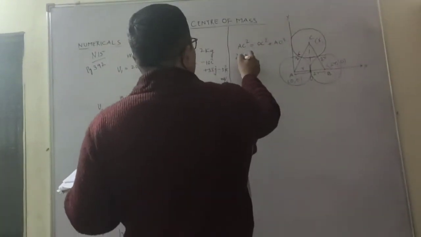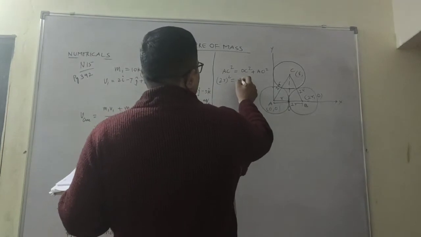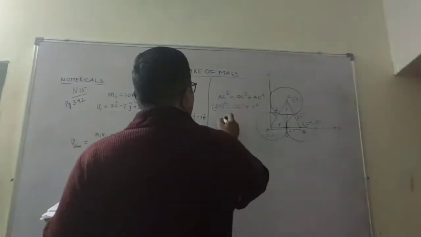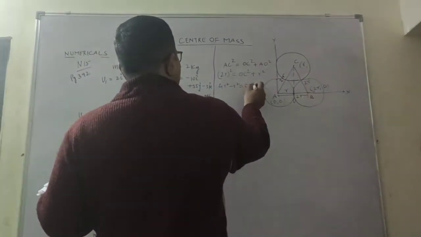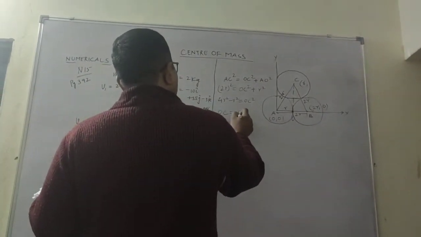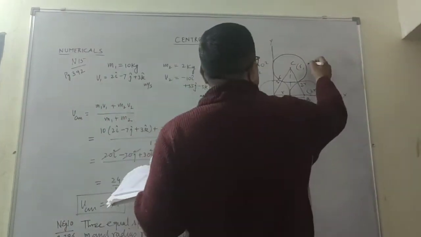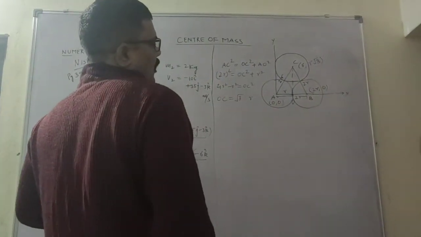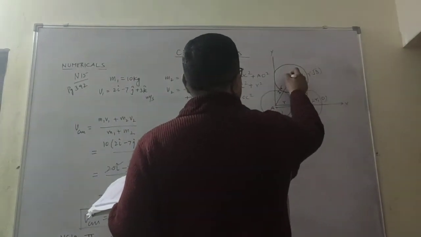AC is 2r whole square, OC need to be found, AO is r square. So this is 4r square minus r square is equal to OC square. So OC is under root 3 r. So that means y is r under root 3. All are having same mass. It is having mass m. This is having mass m. This is having mass m.